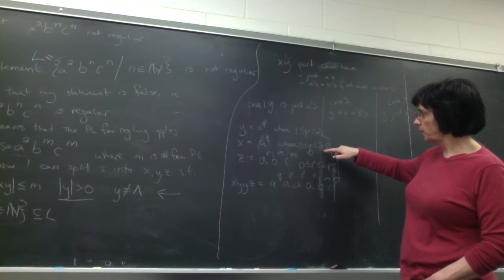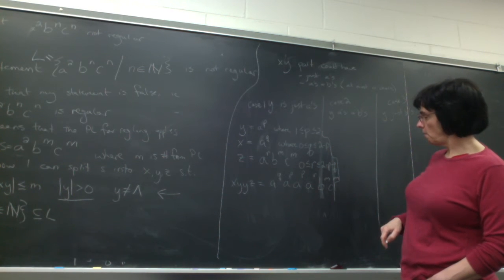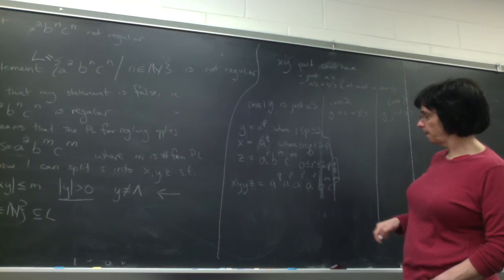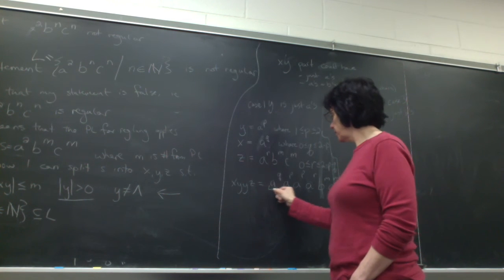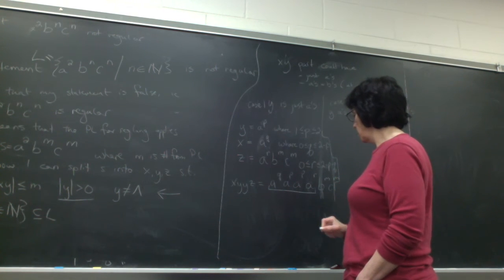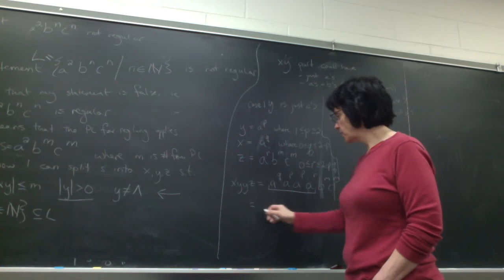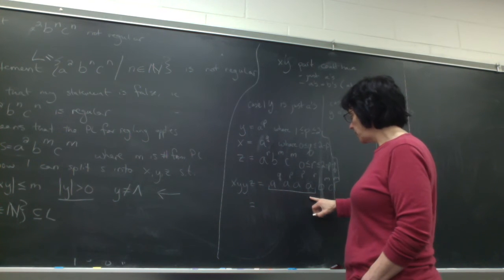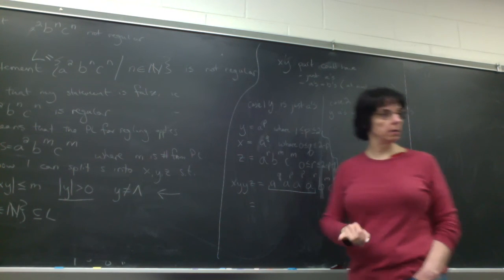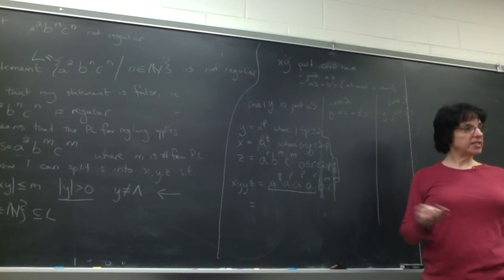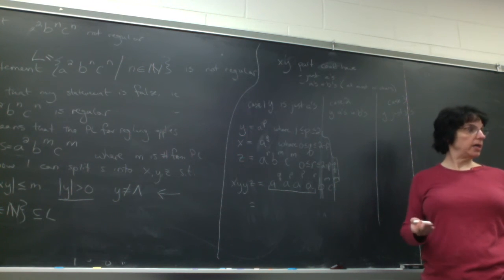Let's just argue that even though we don't know what x and y are, I could say that that's actually 2 a's plus p more. You guys with me? Because I have the 2 a's that I had before, and then I have an extra copy of y.